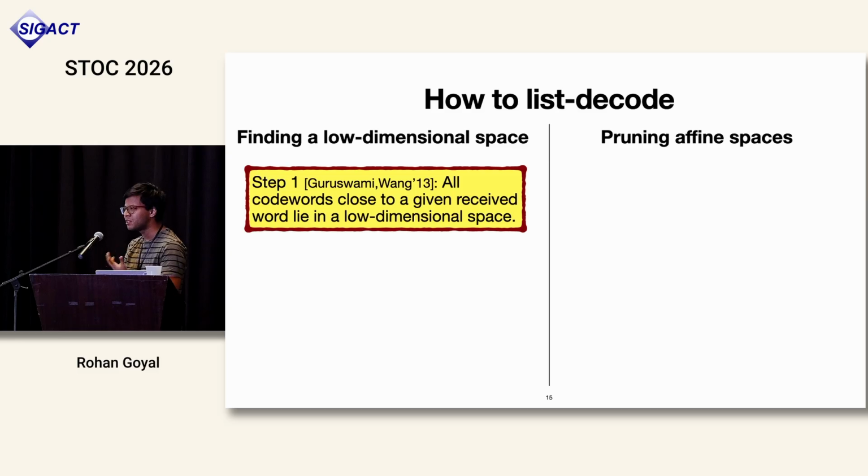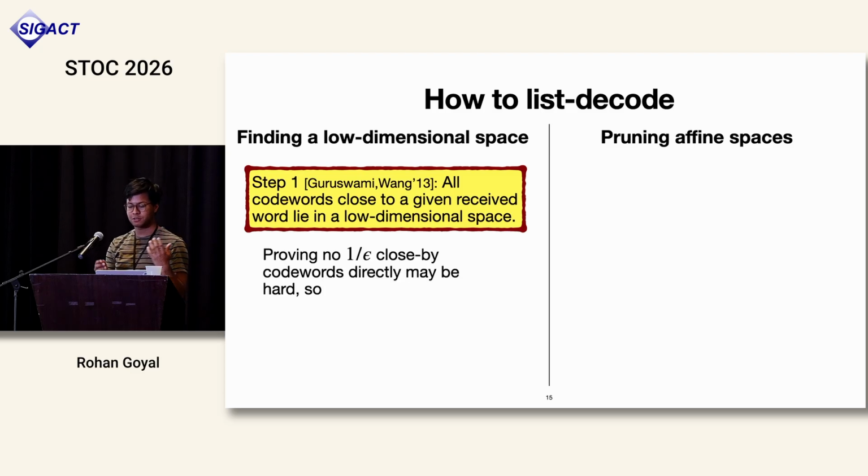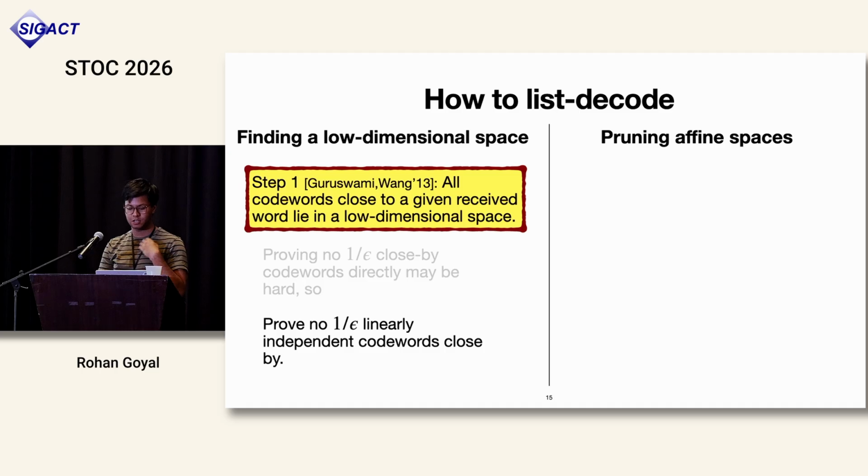And this is usually easier: proving that there are not more than 1 by epsilon close by code words is hard, but it's often a lot easier to prove that there are no 1 by epsilon linearly independent code words which are close. Because these are linear codes, it becomes a lot easier to prove things about linearly independent code words.